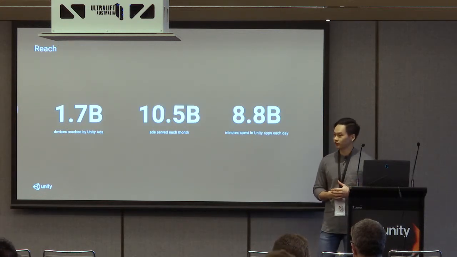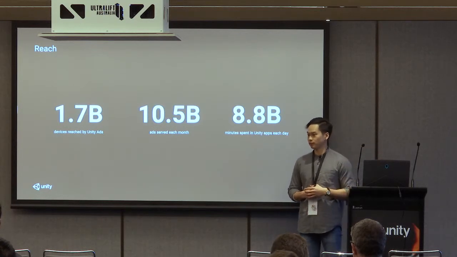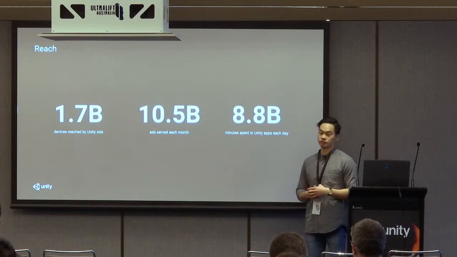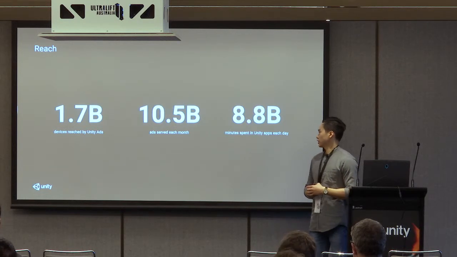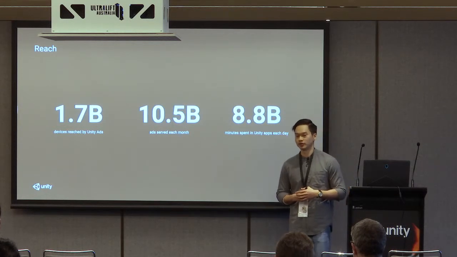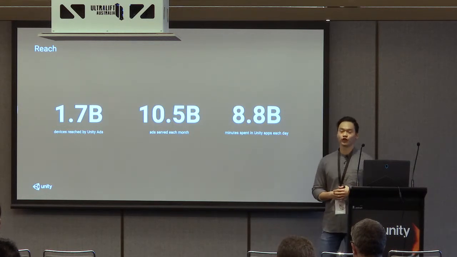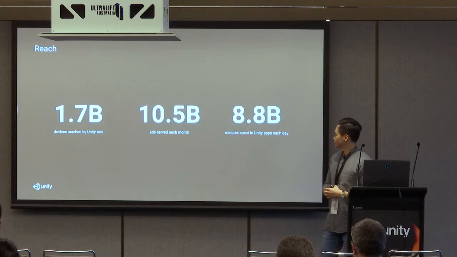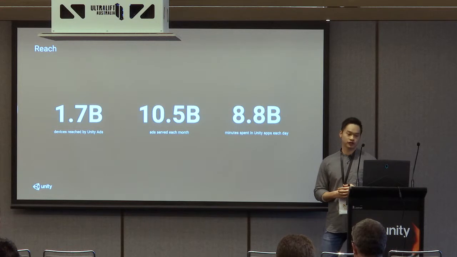Reaching 1.7 billion devices, which is about 600 million players, serving out almost 10.5 billion impressions per month. I still remember when I first started, we only served like 1 million. And it's been a crazy 4 years for me. Spending about a total of 8.8 billion minutes actually being spent in Unity apps each day.